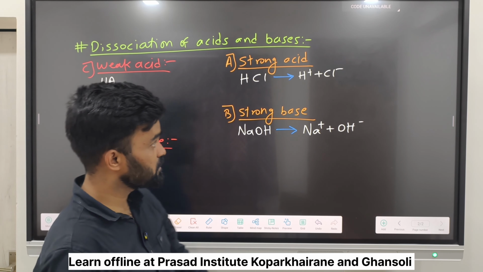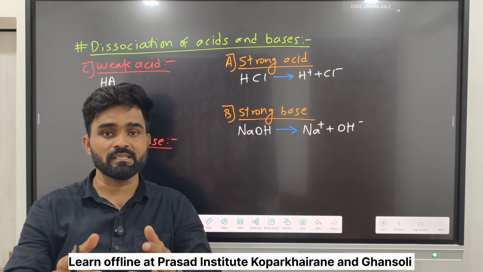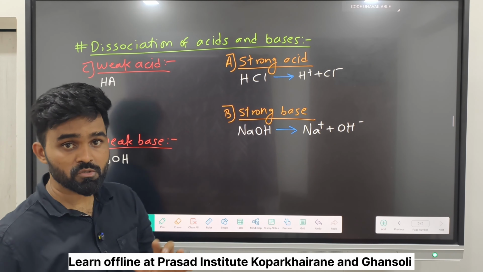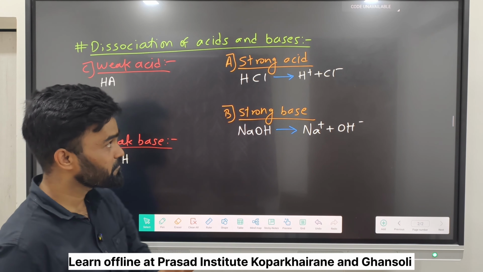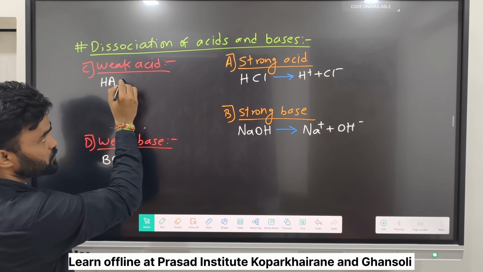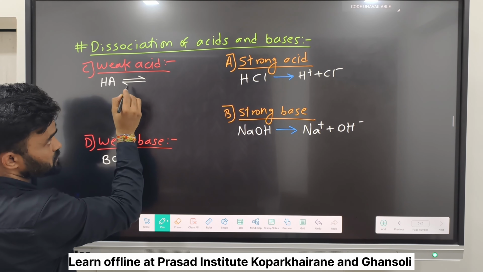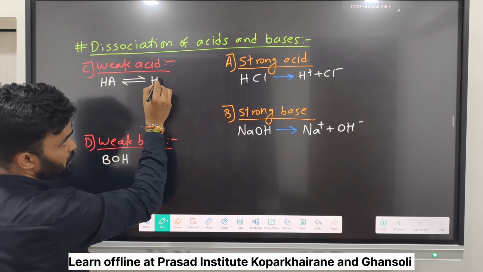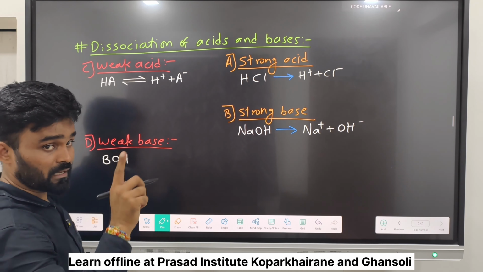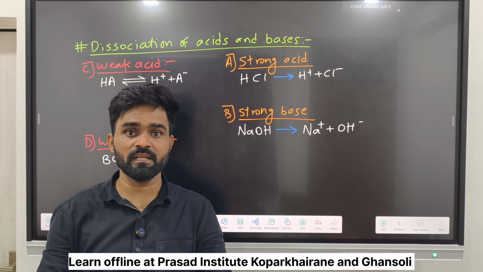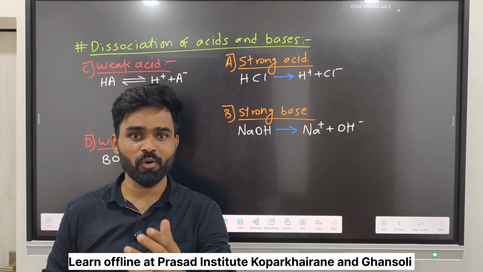Now let's consider a weak acid. This HA is not any particular acid, it is just an example given. We don't have any element as A. A is a random acid, so it will ionize reversibly because it's a weak acid. So it will form H plus and A minus. Whenever we have a reversible arrow, we can study equilibrium, and if we have equilibrium, we can write the equilibrium constant.